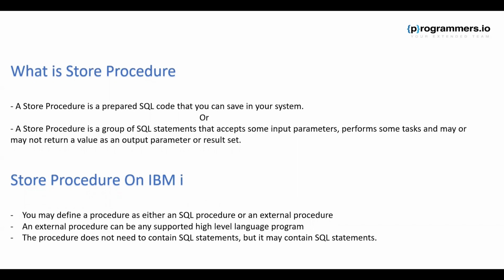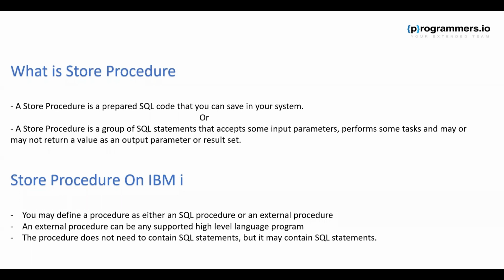Okay. Now stored procedures on IBM i. We have some differences in a stored procedure on IBM i. You may define a stored procedure as either a SQL procedure or an external procedure. So on IBM i we can define an external procedure also. What is that external procedure? An external procedure can be any supported high-level language program.